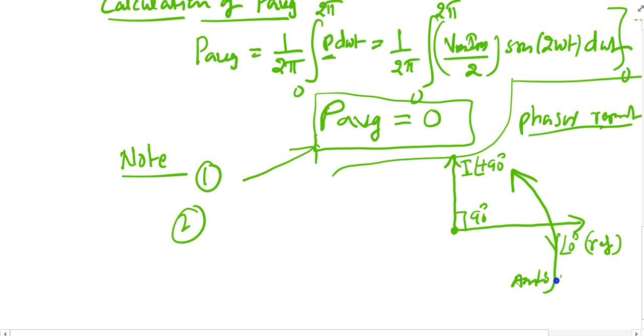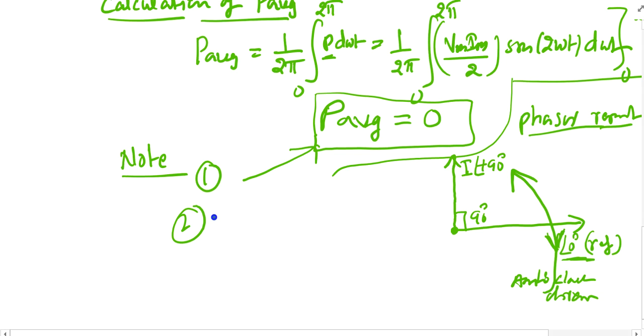With respect to the reference vector, my current vector leads by 90 degrees. Otherwise, the voltage lags the current by 90 degrees. This is the context we need to understand by taking the vector diagram for an AC system connected to a pure capacitor.